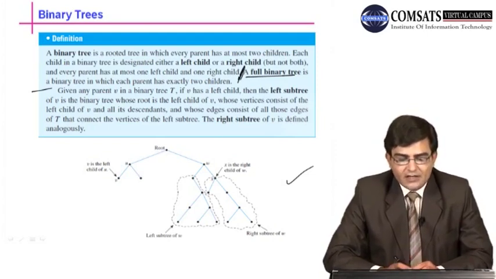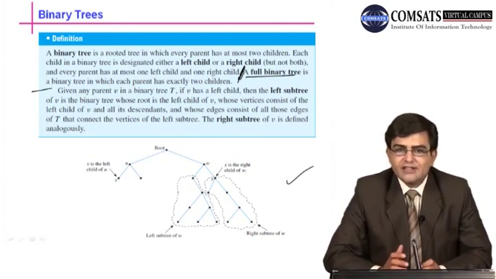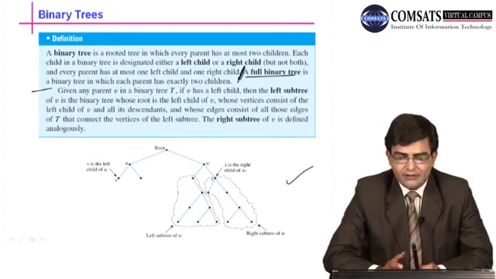Its vertices consist of the left child of v and all its descendants, and whose edges consist of all those edges of T that connect the vertices of the left subtree. The right subtree of v is defined analogously.